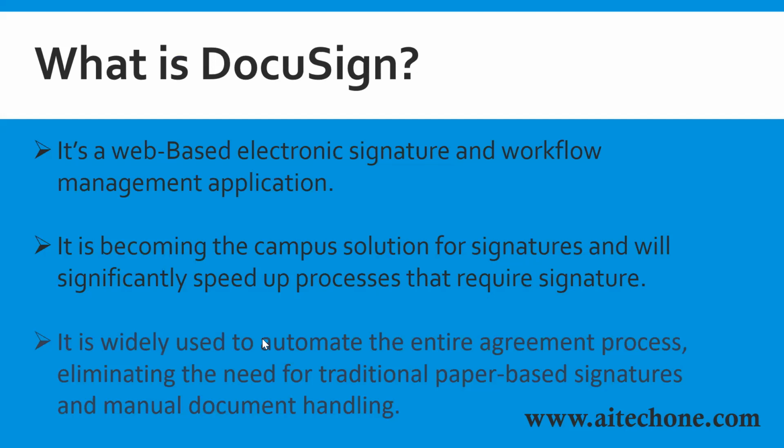And it is widely used to automate the entire agreement process, eliminating the need for traditional paper-based signatures and manual document handling. So in short, it helps in managing your documentation to be signed electronically and capture the data or store the signed document as a record within Salesforce.